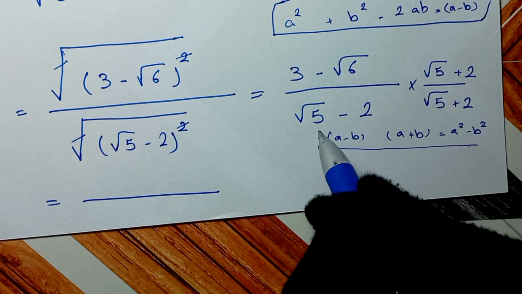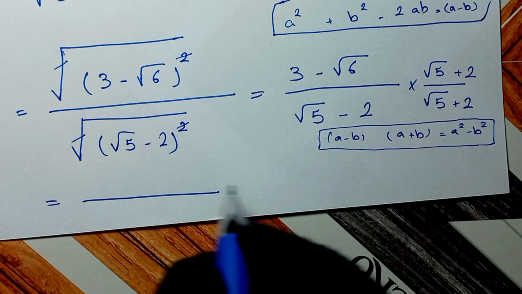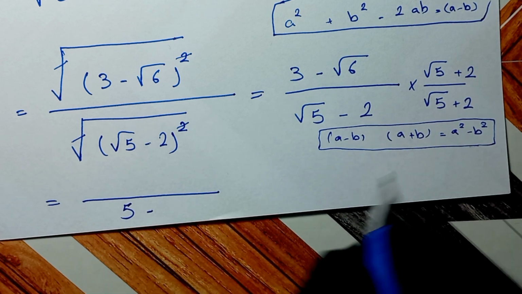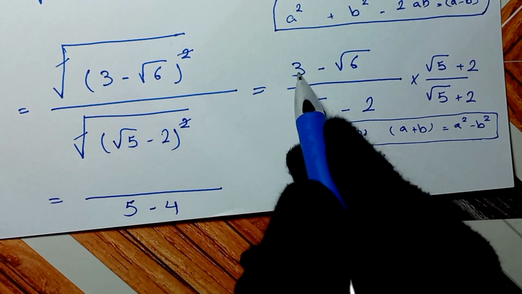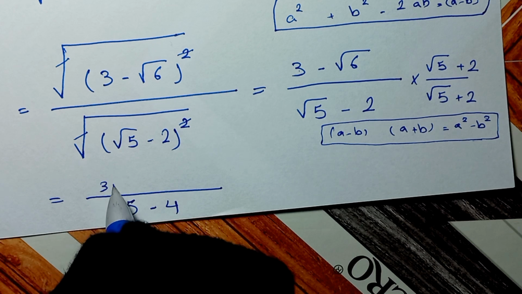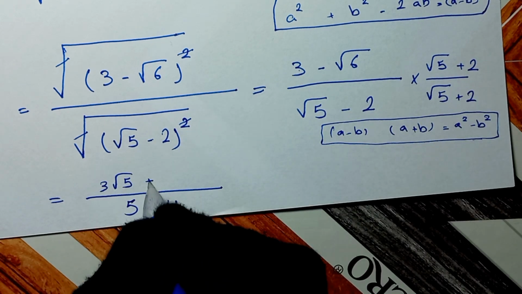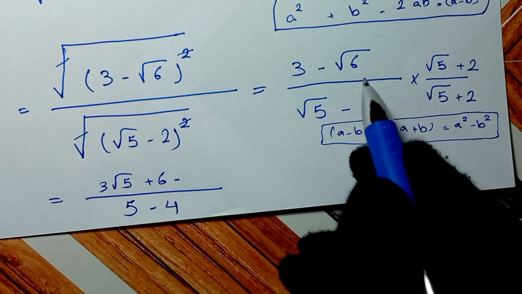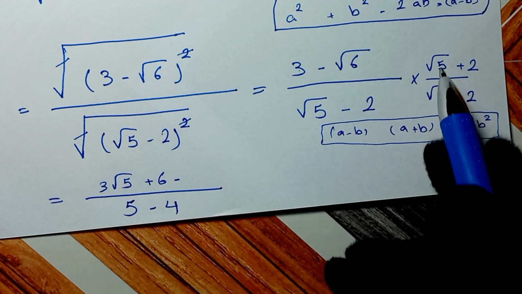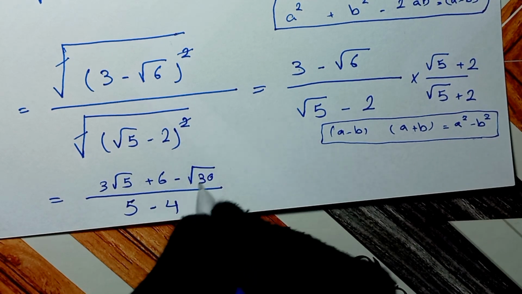So, in here, a square, a is the square root of 5. So, a square, it will be 5. And minus b square, b is 2. So, b square is 4. And for numerator, 3 times square root of 5, it will be 3 square root of 5. And 3 times 2, it will be 6. And minus square root of 6 times square root of 5, it will be a square root of 30.